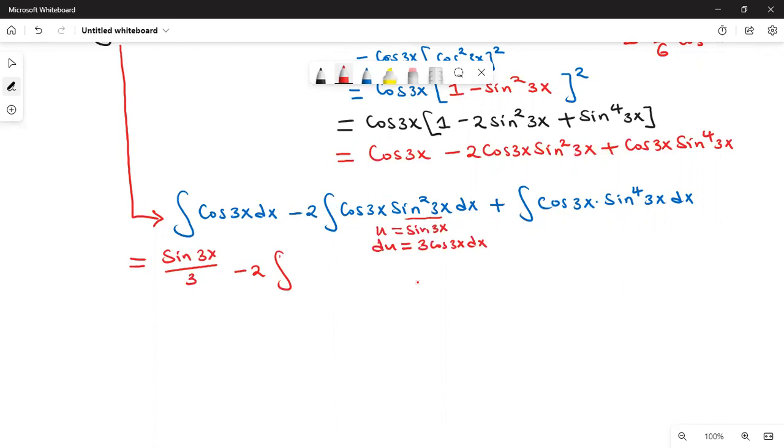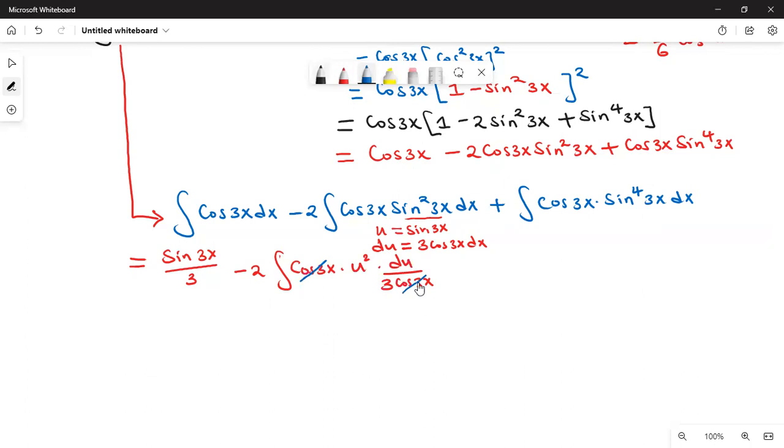So you make dx the subject, so this will give us cos 3x times u squared. Instead of dx, we'll write du over 3 cos 3x. And you realize that cos 3x will cancel with this other one, so we'll have u squared over 3.